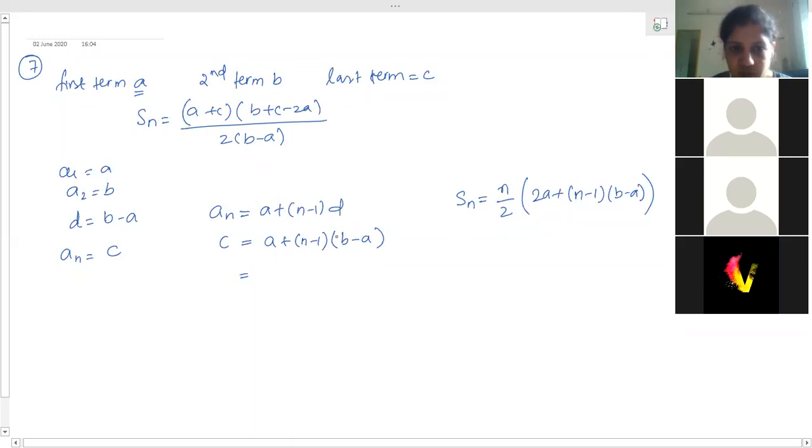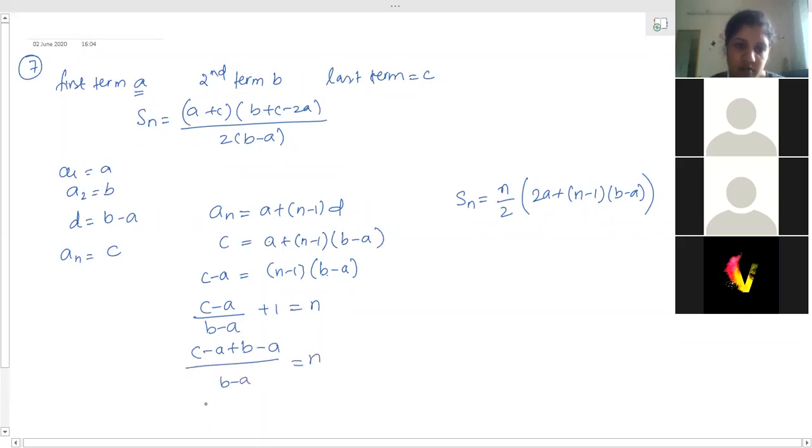So we will calculate the value of n from this equation. First a we will transfer to that side: c minus a is equal to (n minus 1) into (b minus a). So (c minus a) by (b minus a) plus 1 is equal to n. (c minus a plus b minus a) by (b minus a) is equal to n. c plus b minus 2a, over b minus a is equal to n. We got that, we are going right.